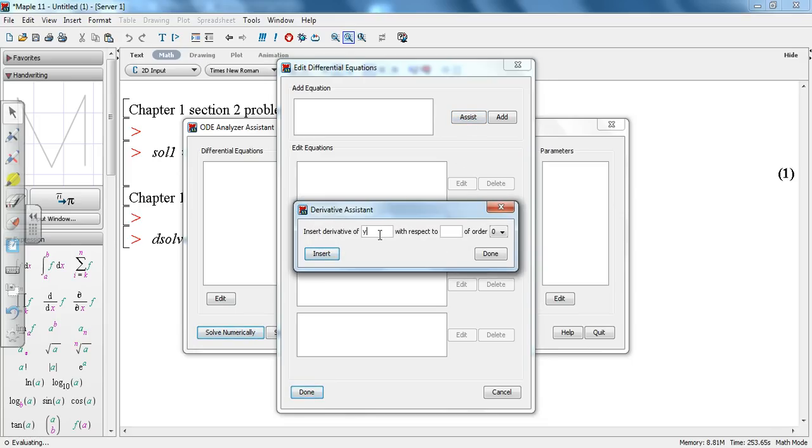So we want y of x, and we want first order, and we want y of x 0th order 2 times.